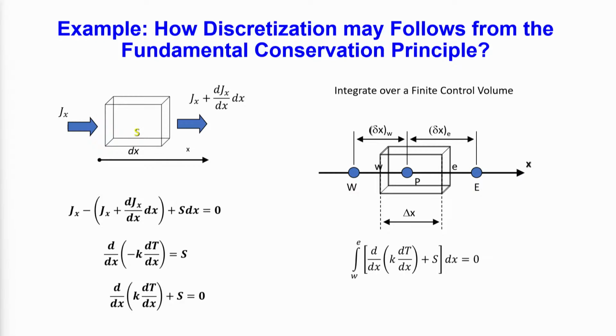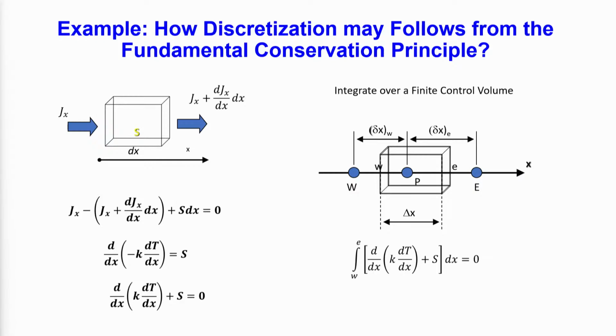If you now substitute that, where J is minus k dT/dx and S is the source term, you have d/dx of k dT/dx plus S equal to 0. We will start with this simple thing because it follows from the conservation principle. The simple situation will give you a complete feel and grasp of the method, whereas if you start with the complexity of a problem, you will get completely lost.